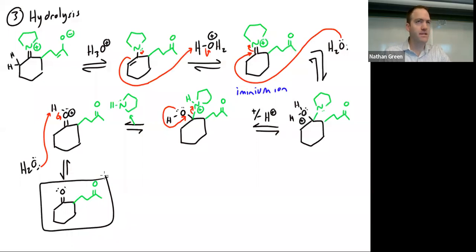The hydrolysis step has a lot of mechanistic pieces to it, but keep in mind, so does the enamine part of this. So whenever we talk about a Stork reaction, if you were to draw the proper mechanism for every step of the Stork reaction on this whiteboard behind me, it would probably take up the entire whiteboard, right? The enamine mechanism itself would take up to here, the beta addition probably to here, and then the hydrolysis process.